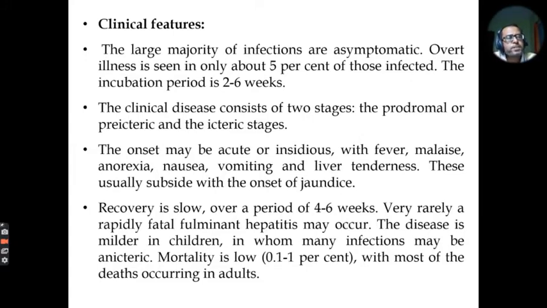The onset of this disease is acute, showing fever, malaise, anorexia, nausea, vomiting, and liver tenderness, and these usually get hidden when there is an onset of jaundice, that is the icteric phase of the illness. When it begins, these symptoms are not shown.